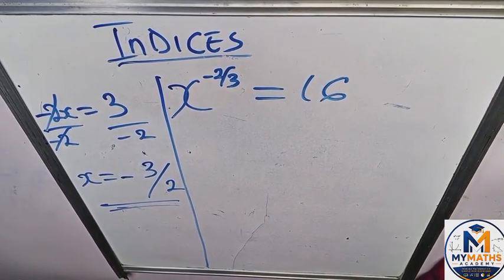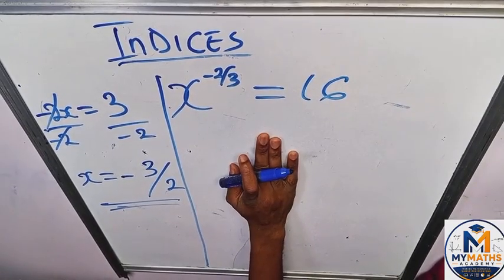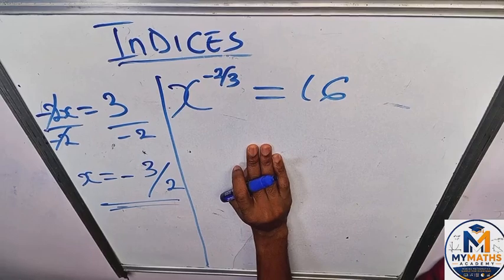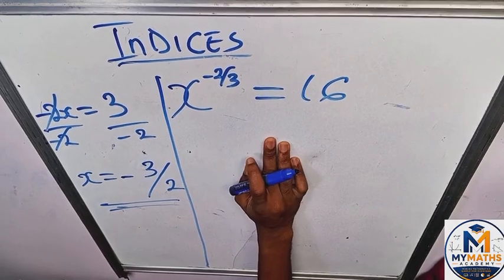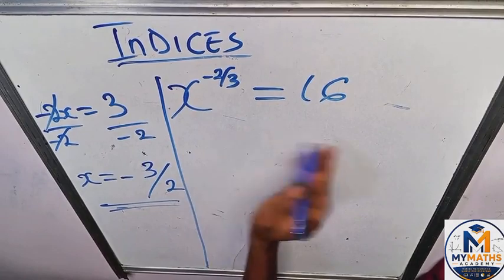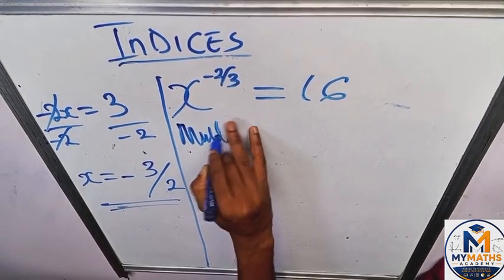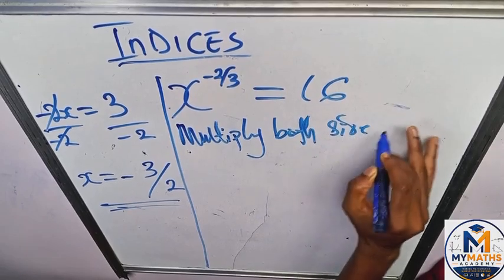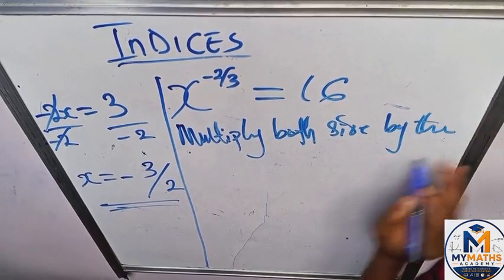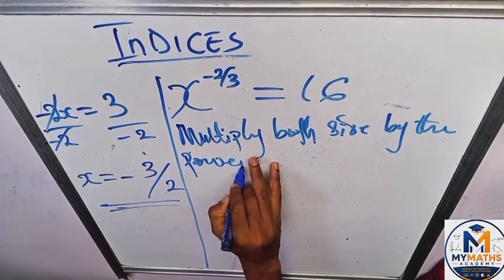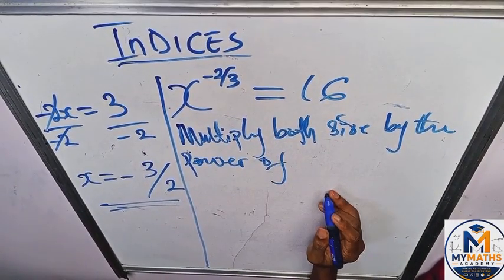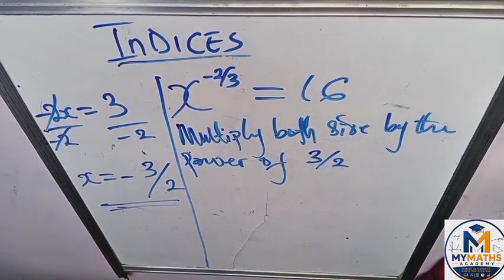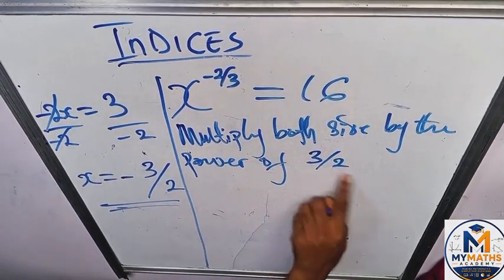Okay, so when you see a situation like this, the next thing we are going to do is multiply both sides by the power of 3 all over 2.